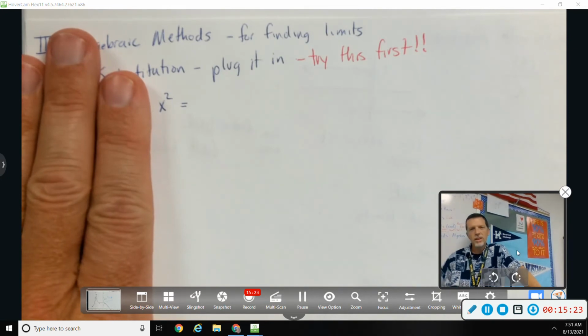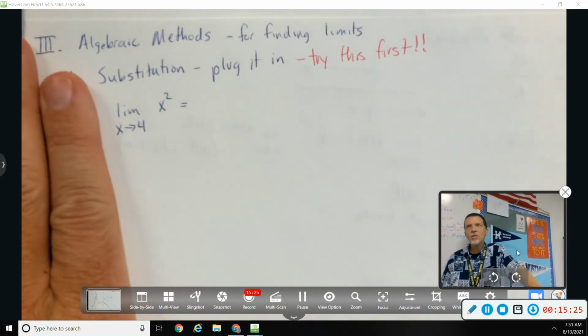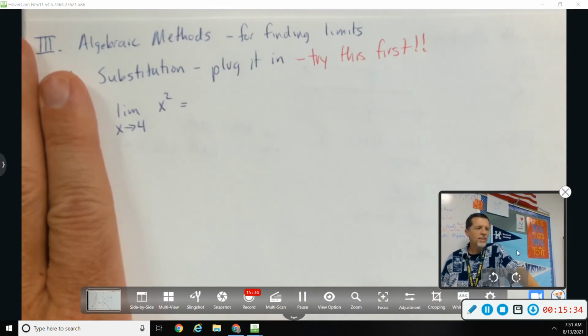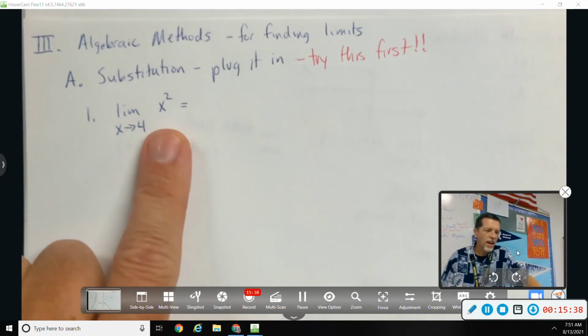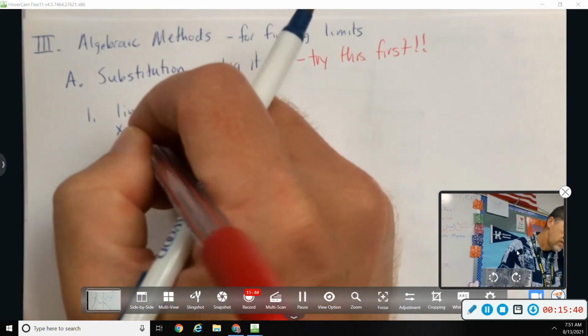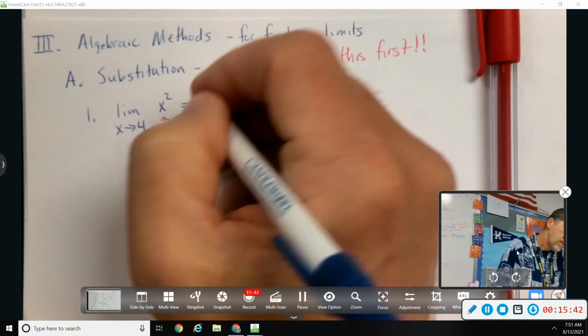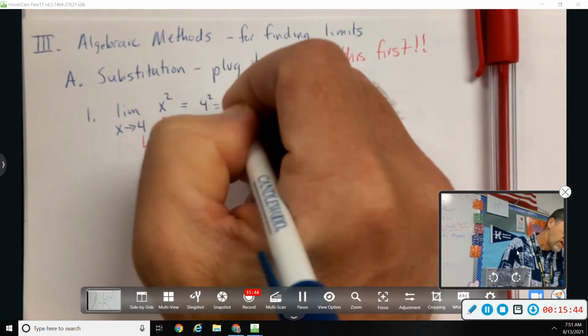Yeah, parabola. As x approaches 4 on a parabola, there's nothing weird happening. There's no asymptotes on a parabola. There's no holes. There's no jumps. There's nothing goofy going on. So I can just substitute 4 in for x. And that's my answer.